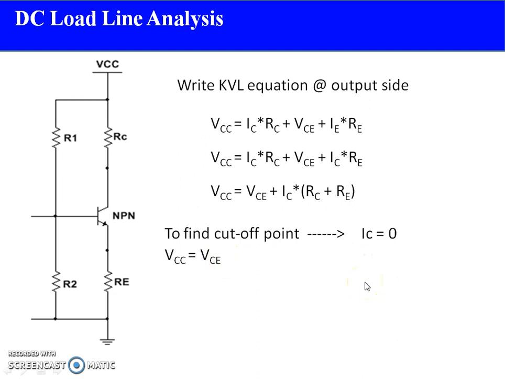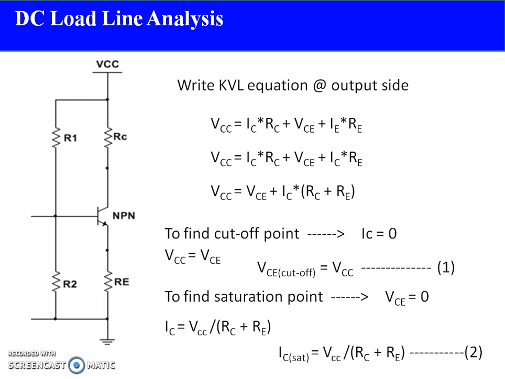Now to find the saturation point, I need to keep my VCE equal to 0. So in this generalized expression, I need to keep VCE equal to 0. If I keep VCE equal to 0, I can write IC is equal to VCC upon RC plus RE. So this IC is nothing but IC saturation.